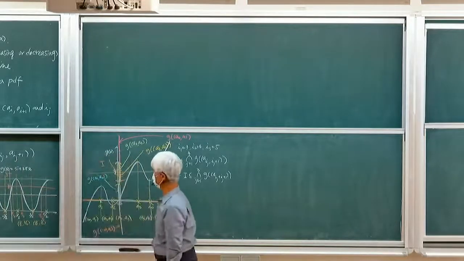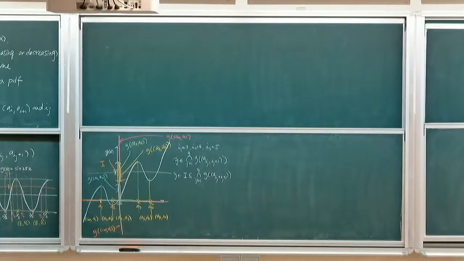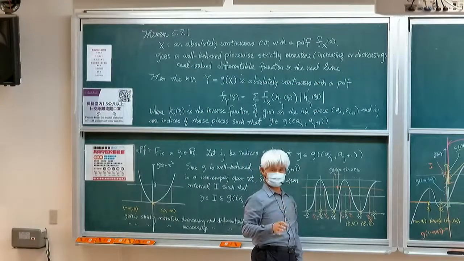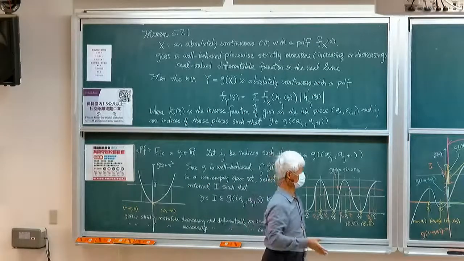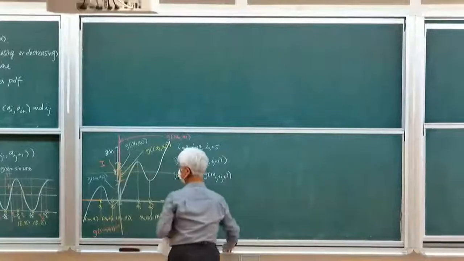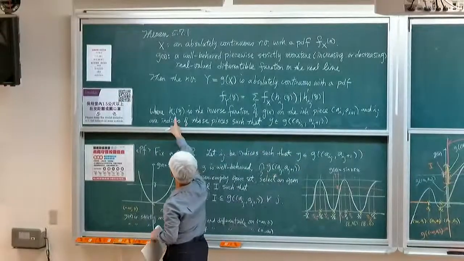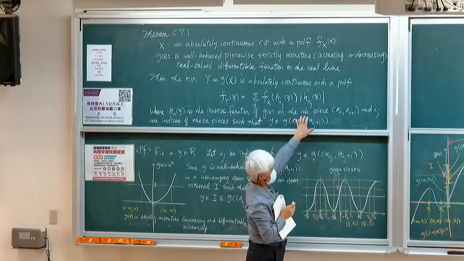Now, as we know, in each piece, the G function is monotone, either increasing or decreasing, and differentiable. So it must have an inverse function. And Hi is the inverse function of G of x in the ith piece.